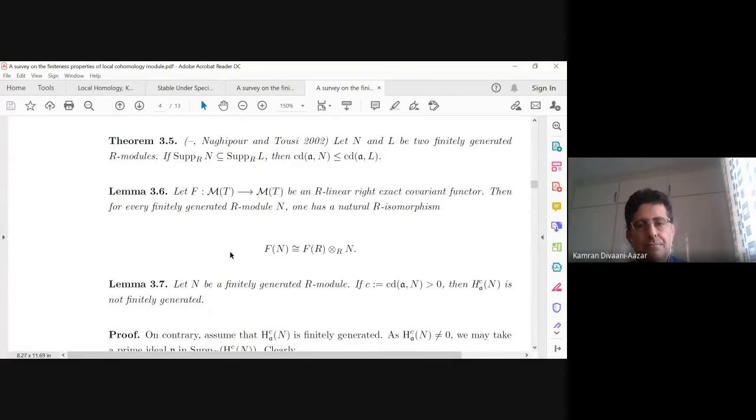Let F be an R-linear right exact covariant functor from the category of R-modules to R-modules. Then for every finitely generated R-module N, one has a natural R-isomorphism: F of N is isomorphic to F of R tensored with N over R.